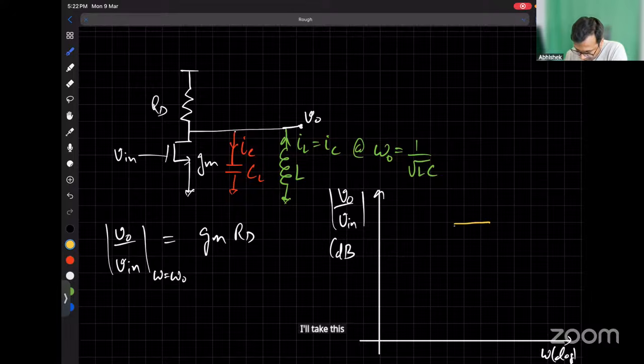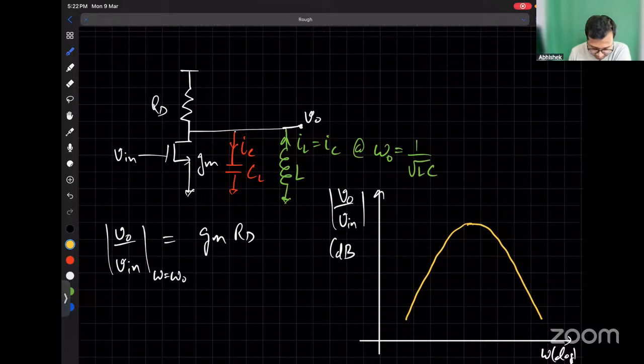Okay. And here it is your omega RF to omega naught. This is called as tuned load.